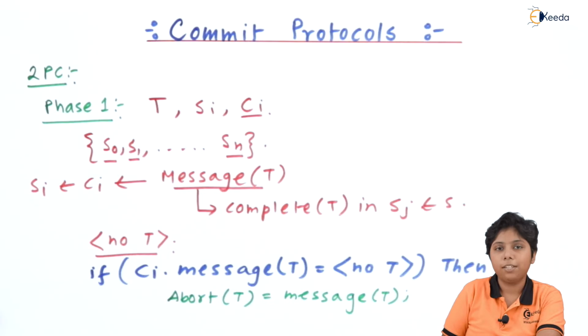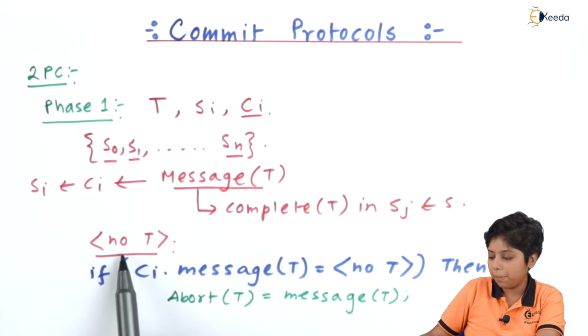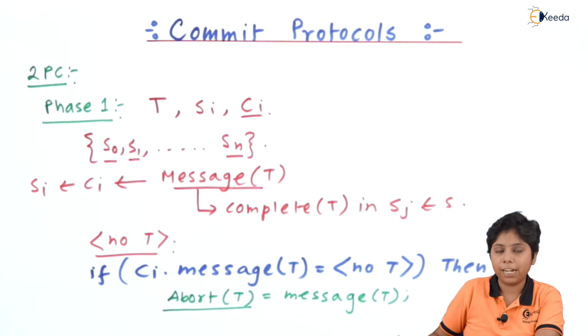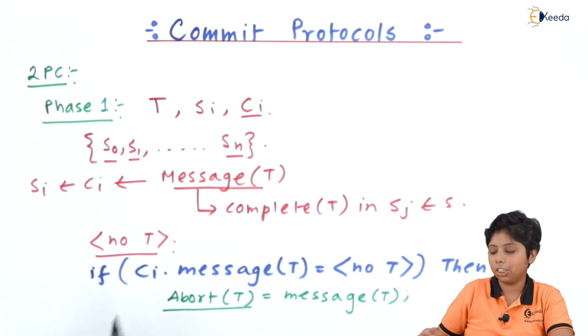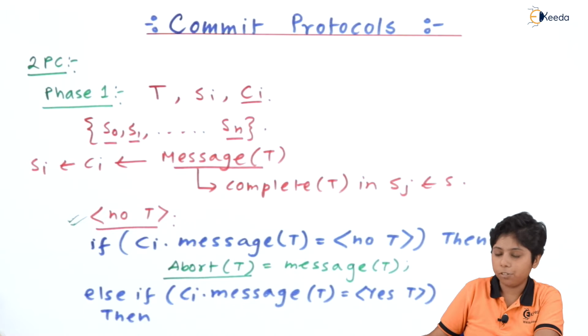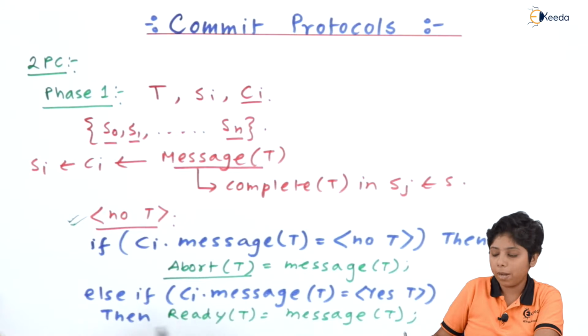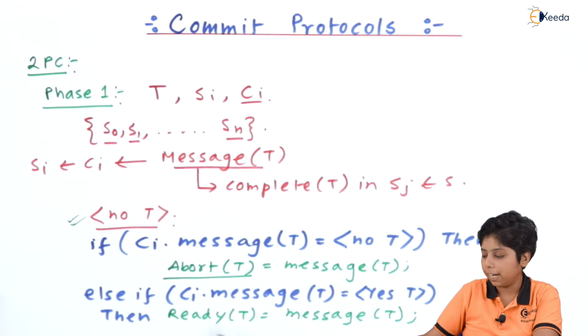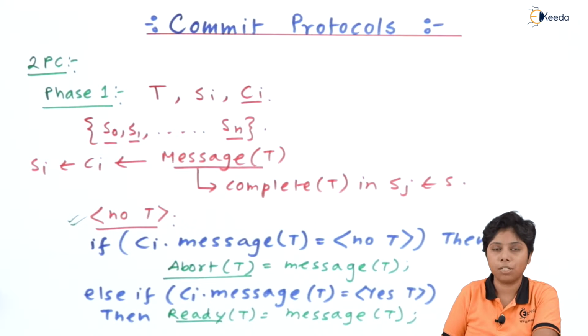After Ci gets any no T from an Sj, it needs to check. When a no T message is sent to Ci, that means it is sent with abort T. That means in the transaction log record, it is placing an abort on that message from Ci. If it is a yes, then it places a ready T. That means Sj is telling the coordinator that it is ready to complete its transaction.